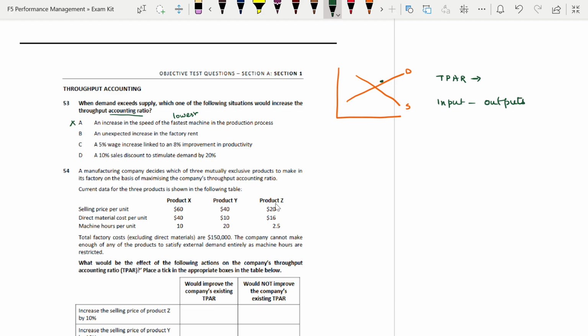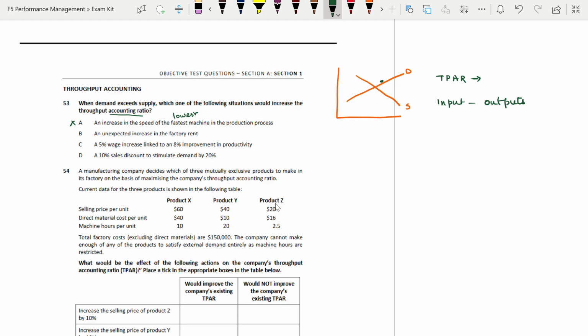An expected increase in the factory rent. False. Why? Because we don't know, it's better the factory rent. It has no relation, no relation. Why? How? Because there is no relation between supply and rent.